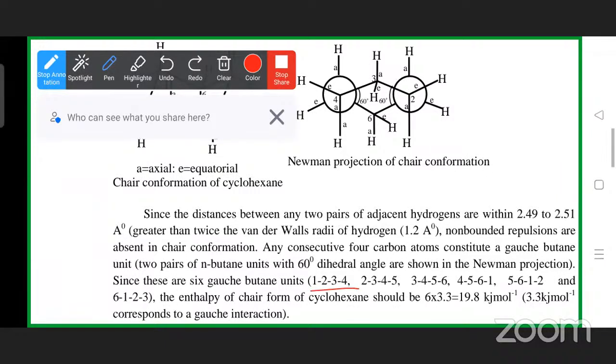Then you can find 2, 3, 4, 5, and then 2, 3, 4 again. And where is the sixth one? Here is 6.